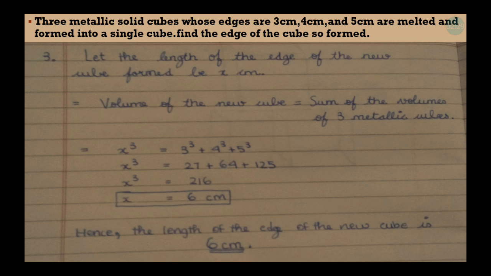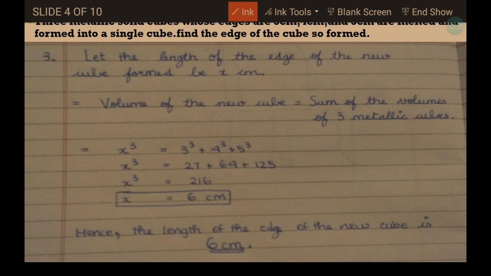So now let us see. Let the length of the edge of the new cube formed be x centimeter. What will be the volume of the new cube? It's nothing but the sum of the volumes of the three metallic cubes. So it is 3 cube plus 4 cube plus 5 cube, which is 27 plus 64 plus 125, which is 216.